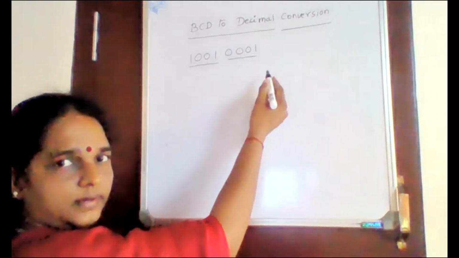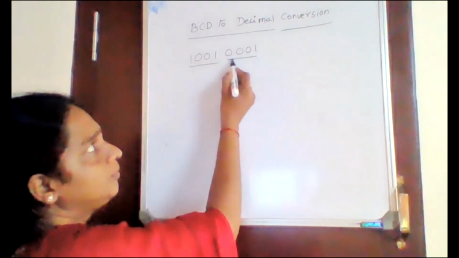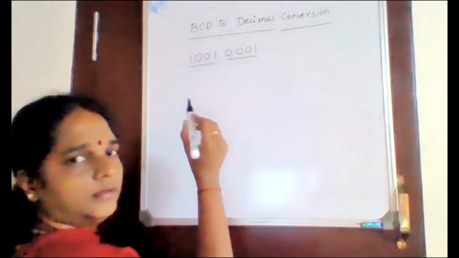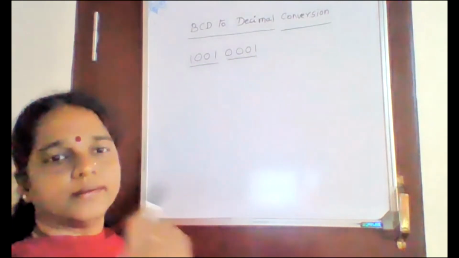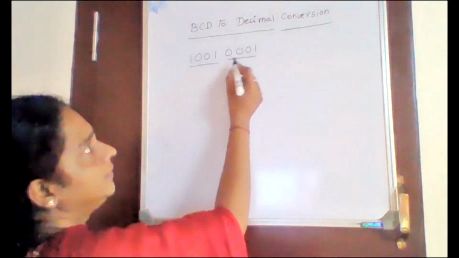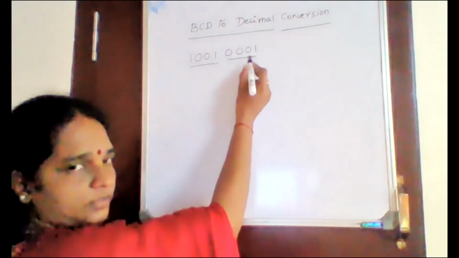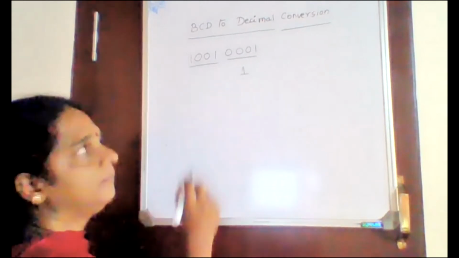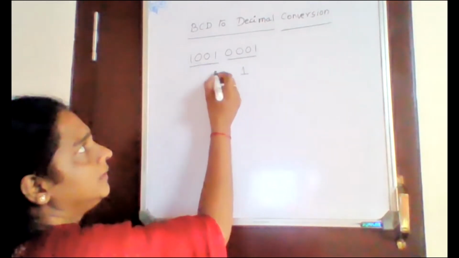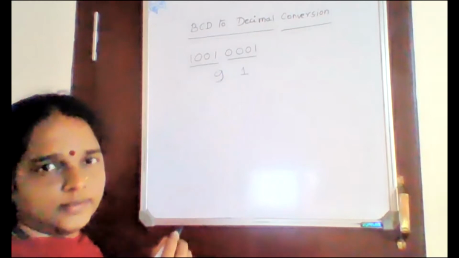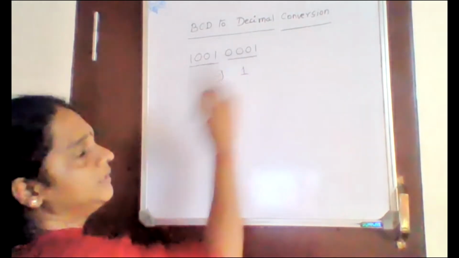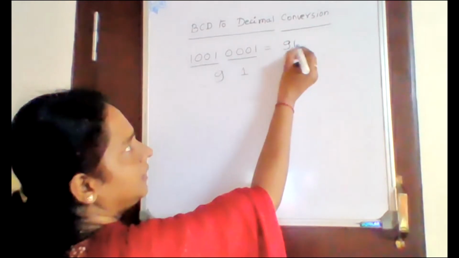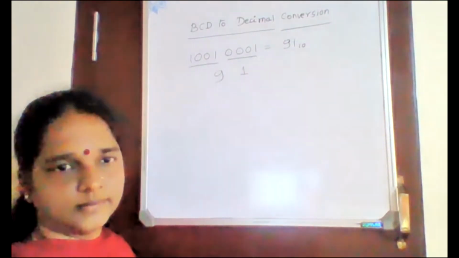For example, this is 0001, which is equal to 1 in decimal. 1001 is nothing but 9 in decimal. Therefore, the value of this BCD is 91, 91 in decimal, base 10.